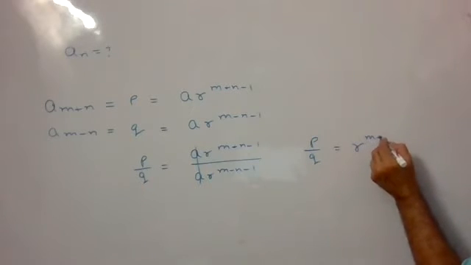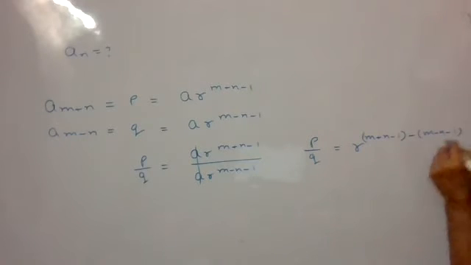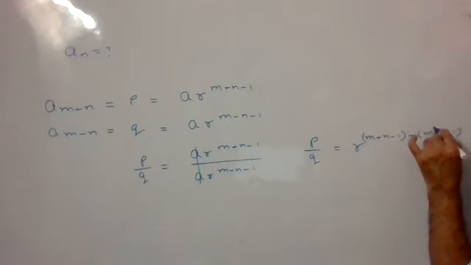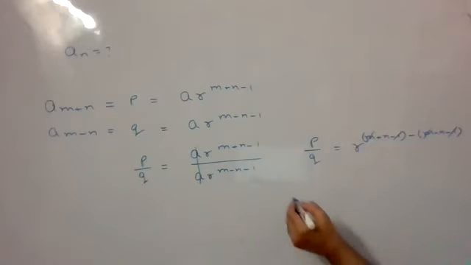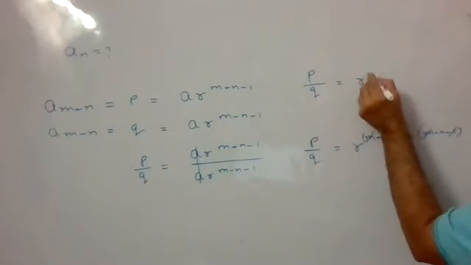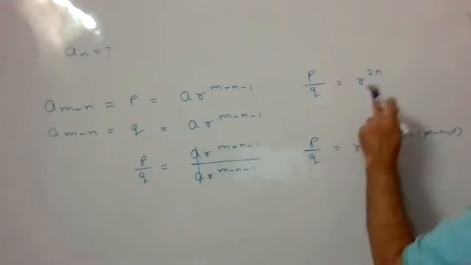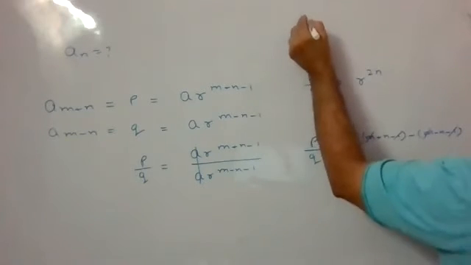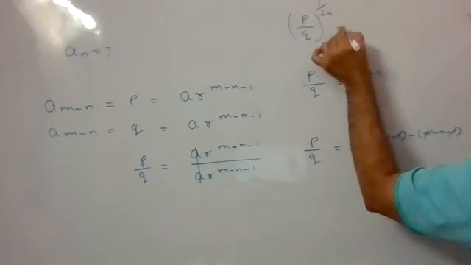R power. Right? Then something cancels out. M gone, and 1 also gone. Then I got P by Q equal to R power 2n. Right or no? And then for 2n, if you want to remove it, I'll take whole power 1 by 2n on both sides.